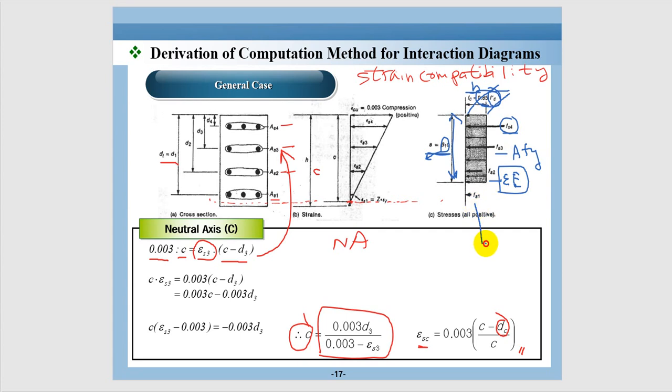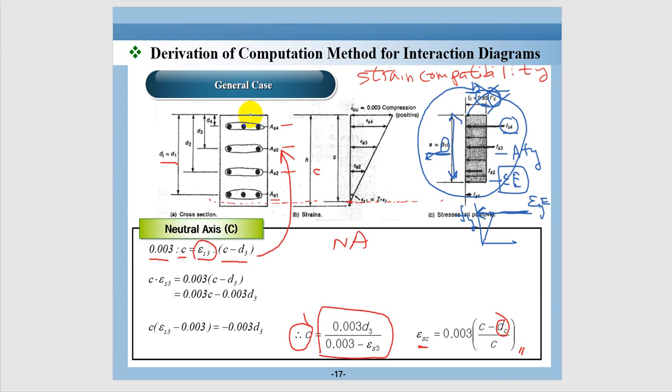If the rebars are yielding, then we use epsilon y, and E is limited by this fy value. So we know that. Okay, so we calculate all these force components that are involved with the column deformations.